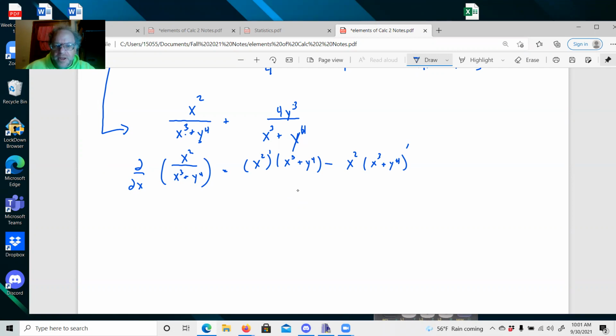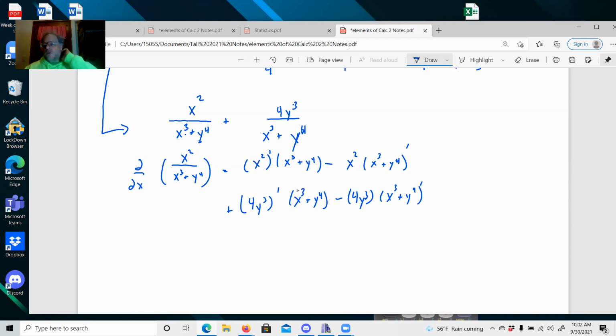And then we also have to do it with this one. So plus derivative of the top times the bottom, minus the top times the derivative of the bottom.